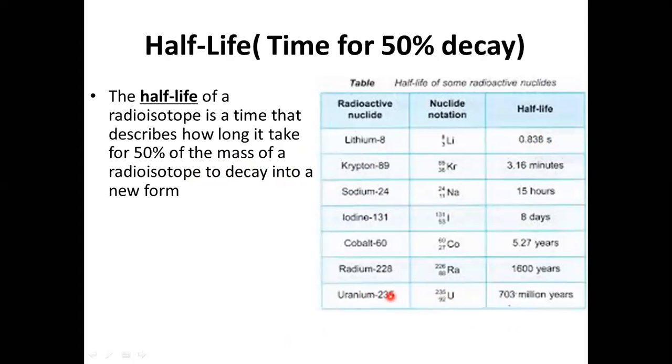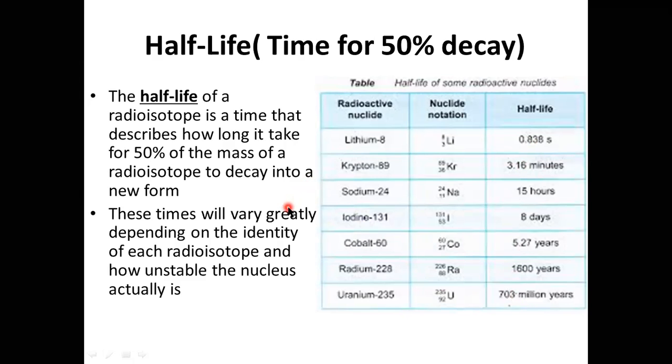So that relates to how stable or unstable these nuclei are. The more unstable they are, the quicker they break down. The more stable they are, generally, the longer the half-life might be. I'm generalizing here. These times vary greatly.